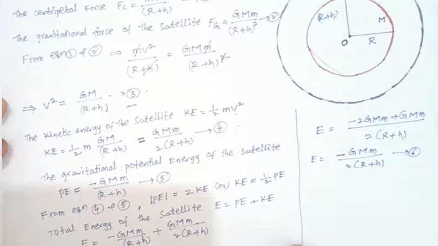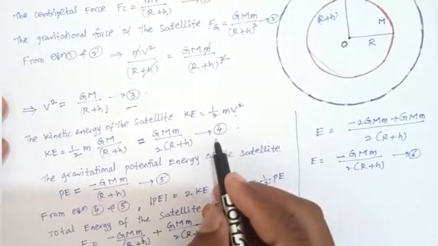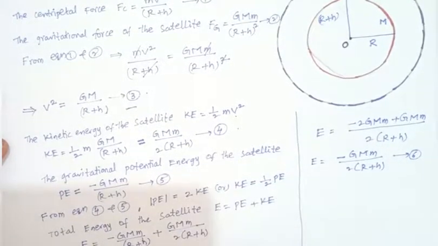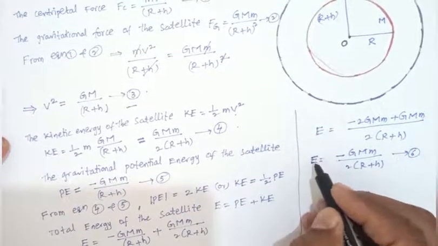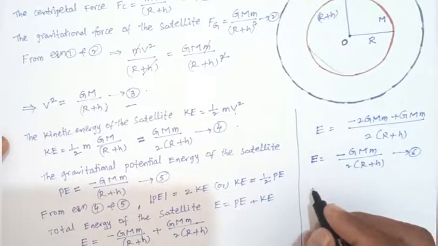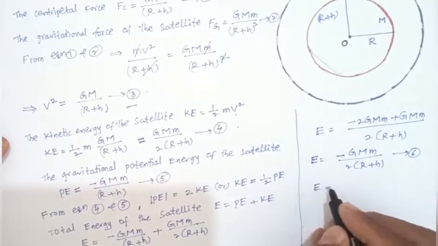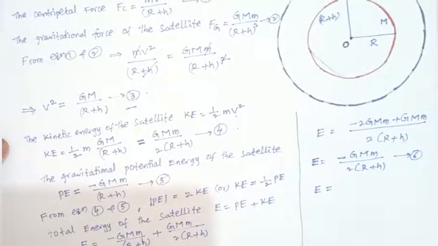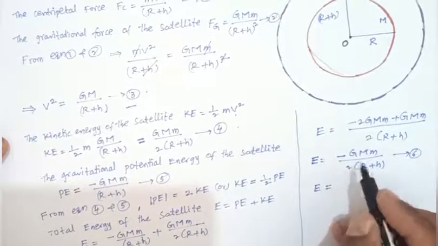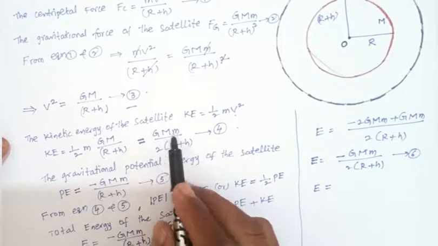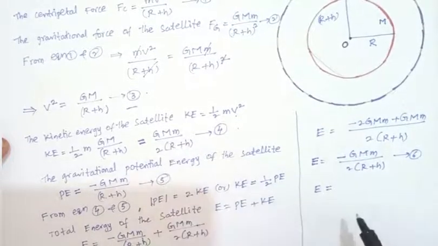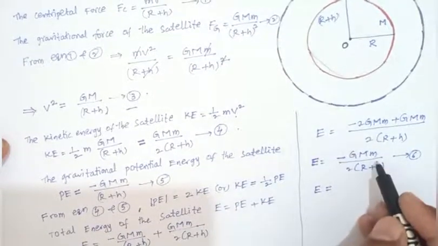From equation number 6, equation number 4 and equation number 5, the total energy of the satellite is negative. The potential energy is positive and the total energy is negative.